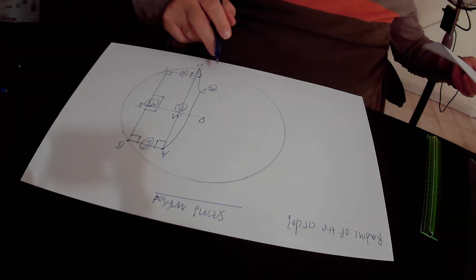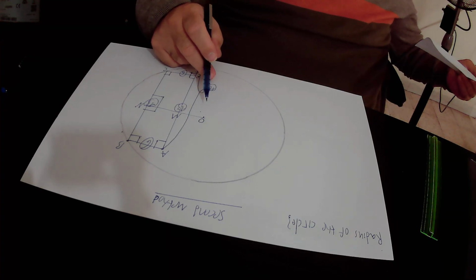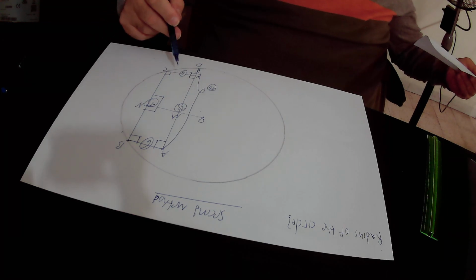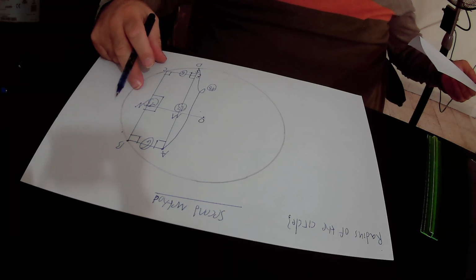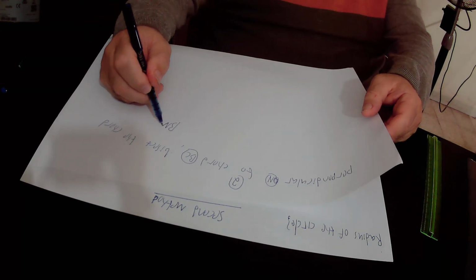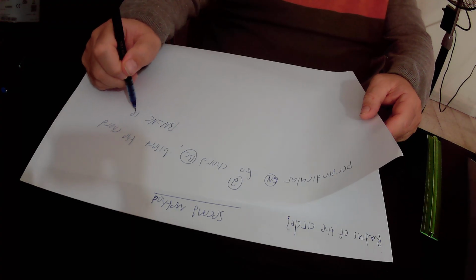So here perpendicular ON, from the center of the circle, point O, to chord BC, bisects chord BC. That is to say BN equals NC according to rule number 2.